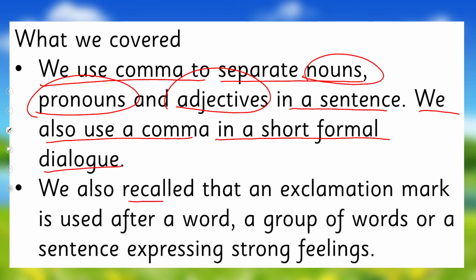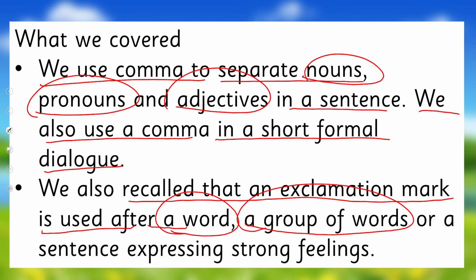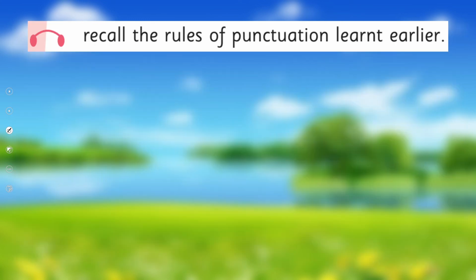We also recalled that an exclamation mark is used after a word, a group of words, or a sentence expressing strong feelings. So in this way, we achieved today's SLO, which was to recall the rules of punctuation learned earlier. So we recalled almost all the rules.